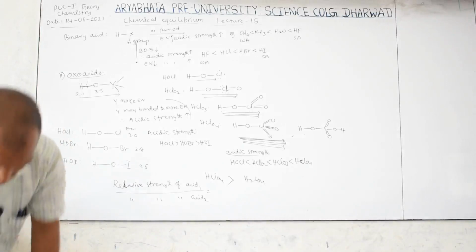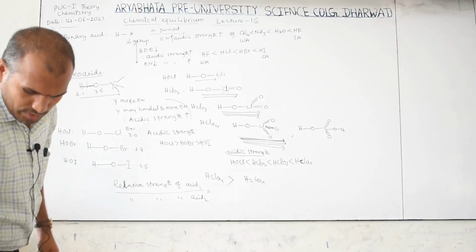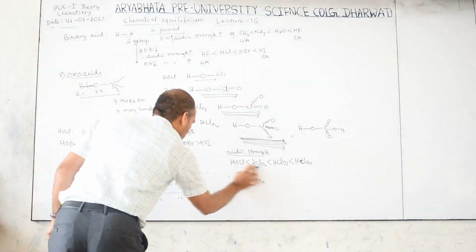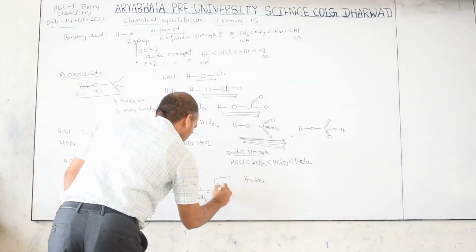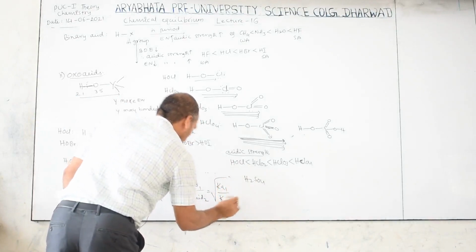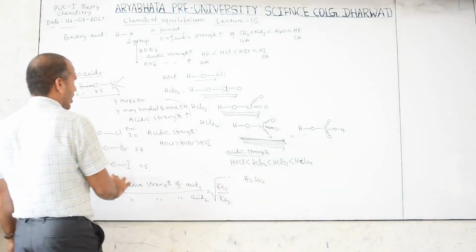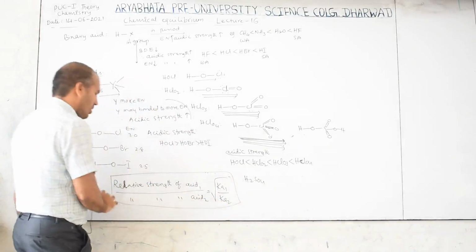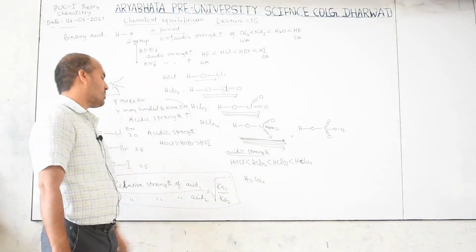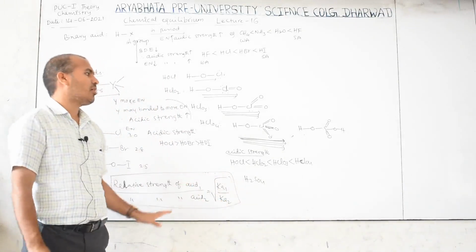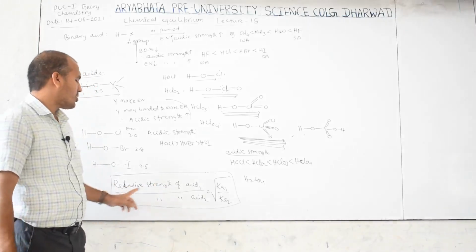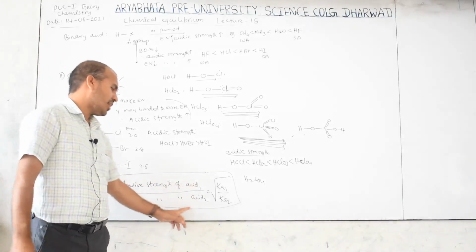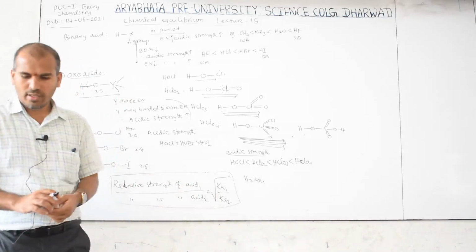One minute. Not inversely proportional, same: K1 by K2. This formula is very rarely used in calculations, it is useful only for competitive exam purposes. So remember, for competitive exam purposes, this is the relative strength of acid 1 and acid 2, like this we can compare.